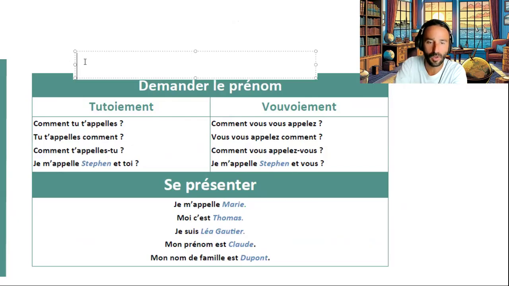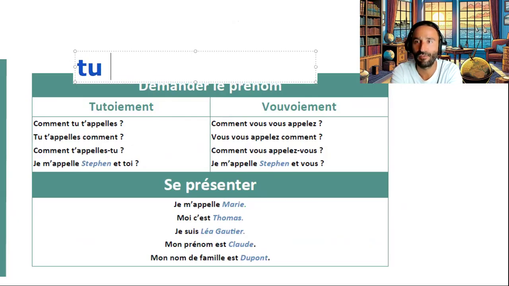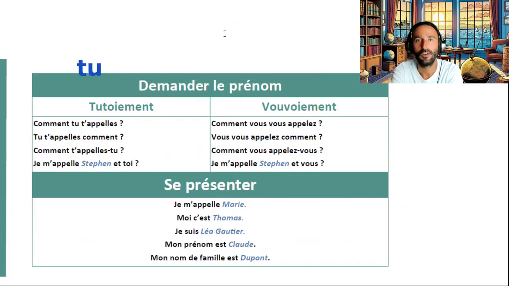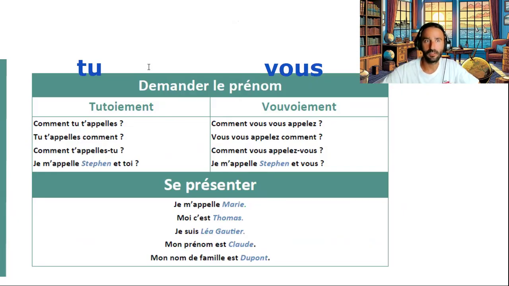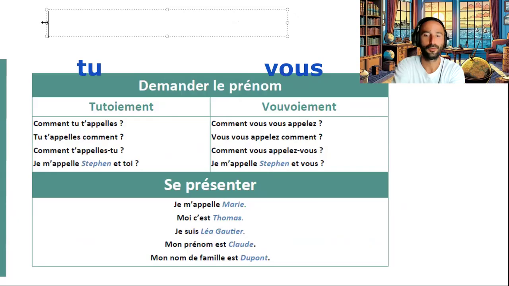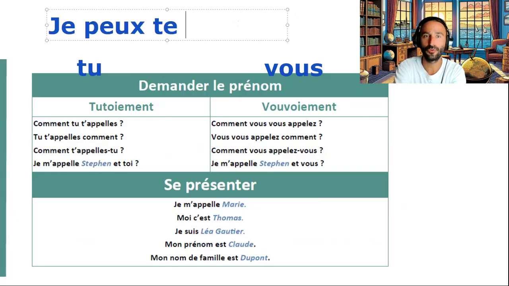If it's a tutoiement, you consider him like a friend. You can use tu, you will always use tu. But if it's vouvoiement, it means you use vous. Sometimes you ask the person, je peux te tutoyer.